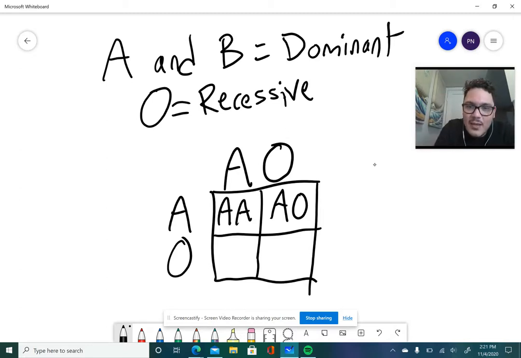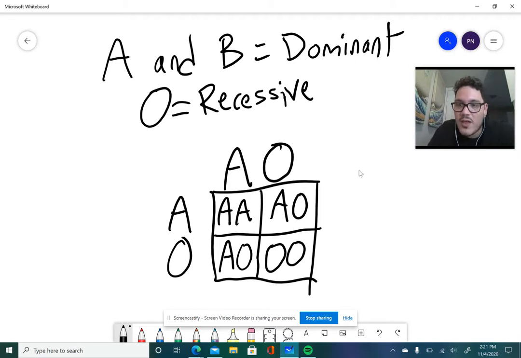Once again, if you have another child, you have another 25% chance of another AO being formed. So now really it's more like a 50% chance of AO. But there's a 25% chance of a child being born with OO. Two recessive traits. So that is how you can have two A parents giving birth to a type O child.